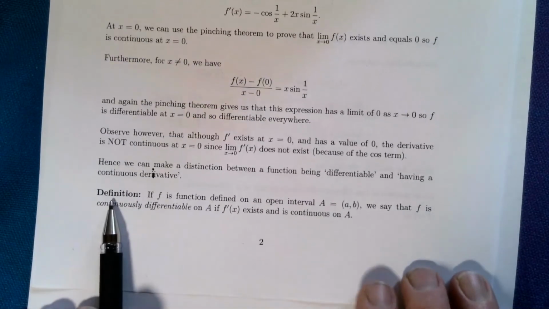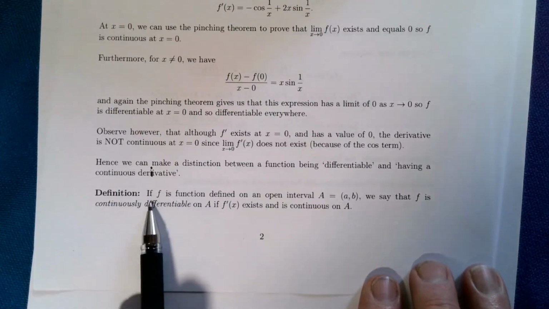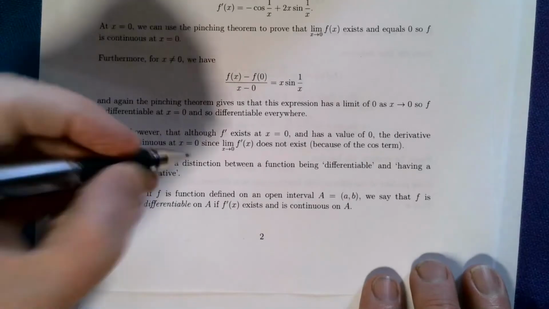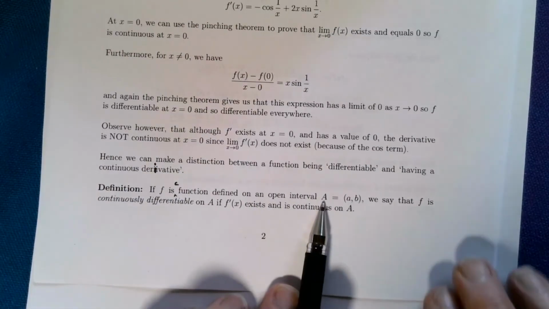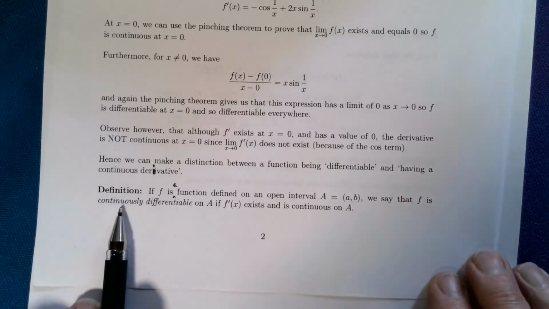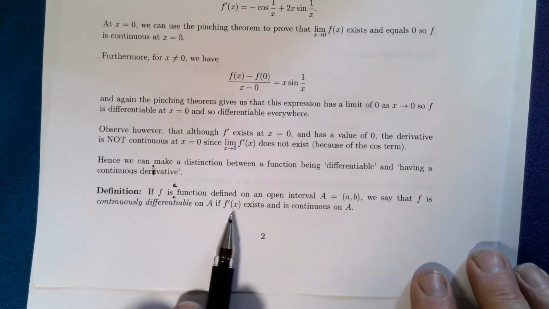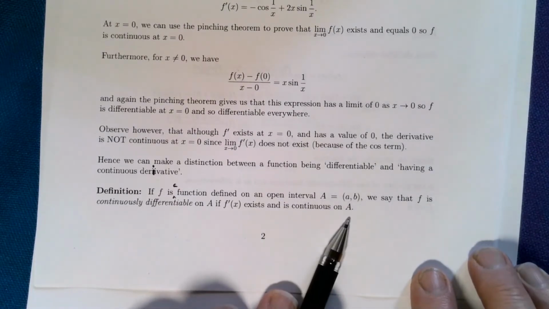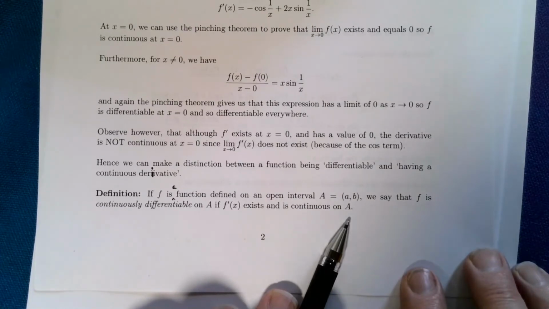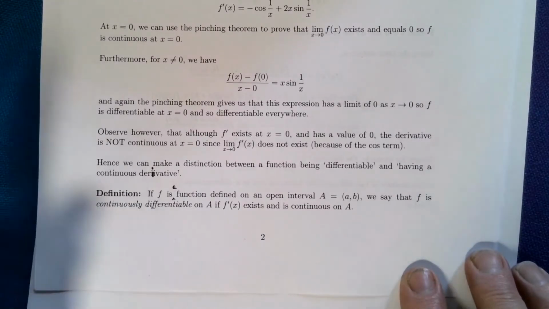So that leads us to introduce a definition. So if f is a function defined on an open interval a, we say that f is continuously differentiable on a if the derivative exists and is continuous. So if the derivative exists and is continuous, then we say the function is continuously differentiable.